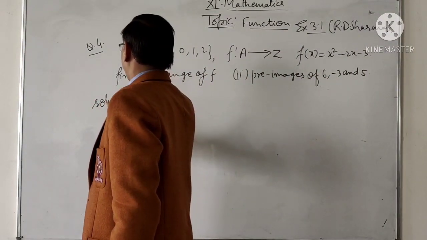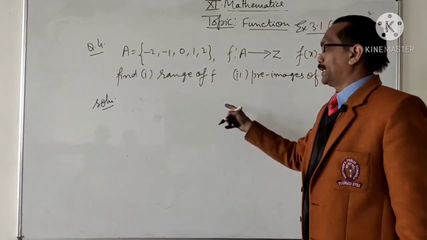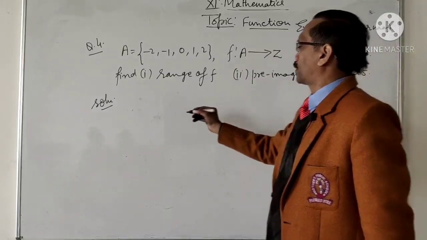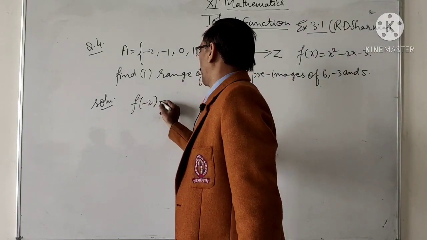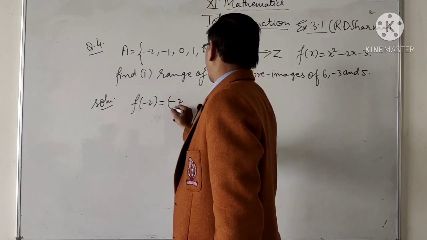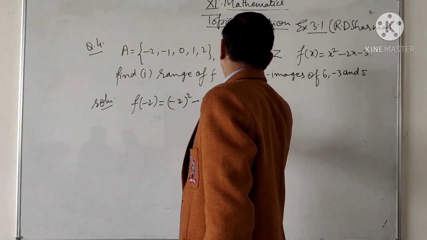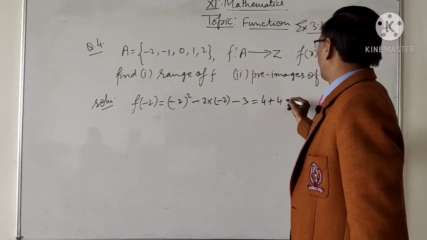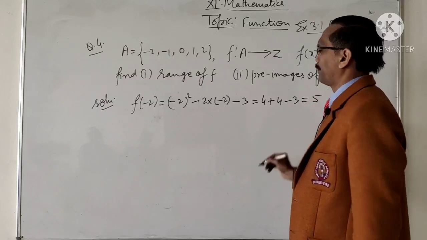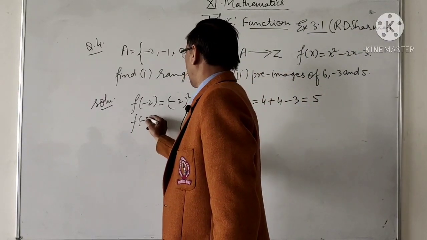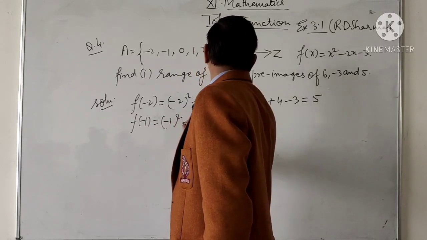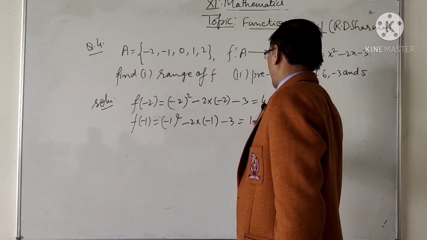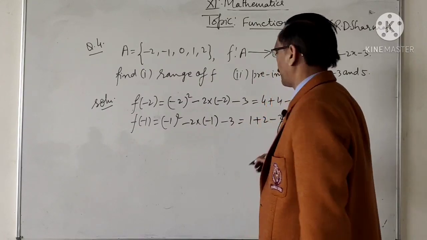See the solution. For the range, we will put these elements in f(x). So let us find f(-2). It is (-2)² - 2(-2) - 3, then 4 + 4 - 3, which is 5. Then f(-1) is (-1)² - 2(-1) - 3, it is 1 + 2 - 3 is 0.